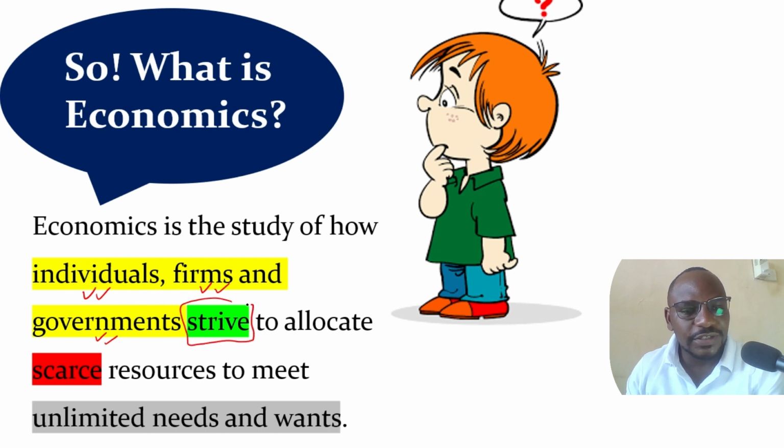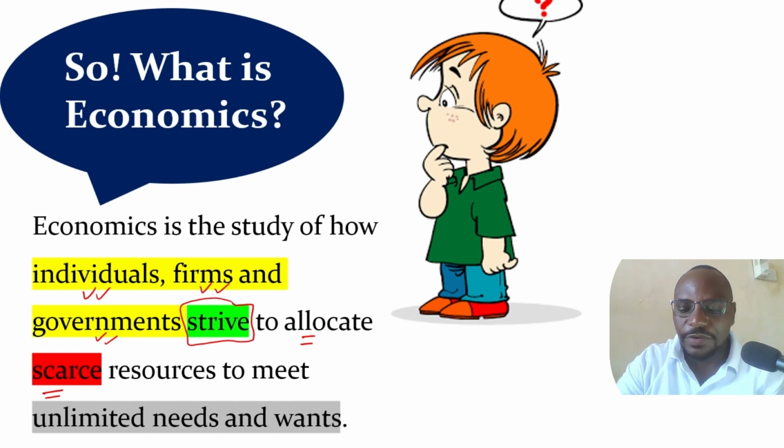To strive is not something easy. These are cases whereby you are struggling to do something. So they strive to allocate scarce resources. Remember, this is the problem of economics. And they are meeting unlimited needs and wants. Look at that. This definition is so much detailed, and we want to look at it bit by bit.